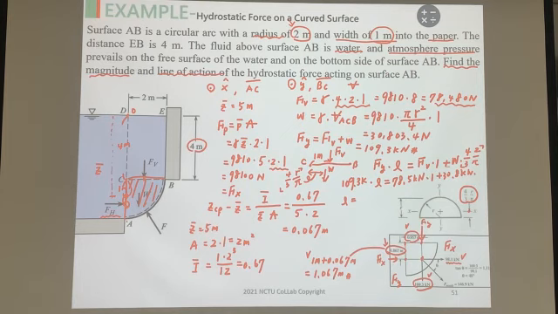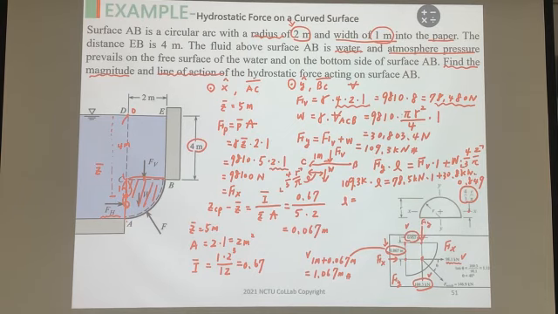This is 8 divided by 3 and divided by 3 pi. So this answer will change to 0.849 meters in here.